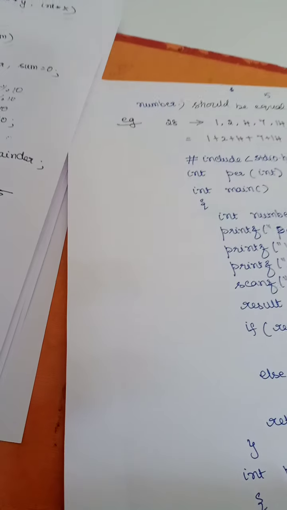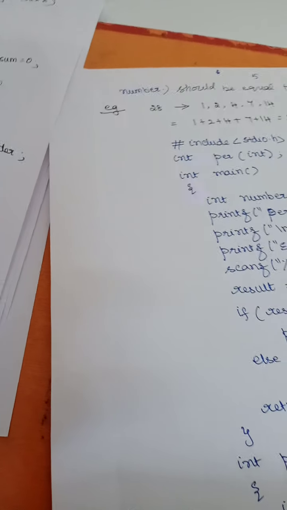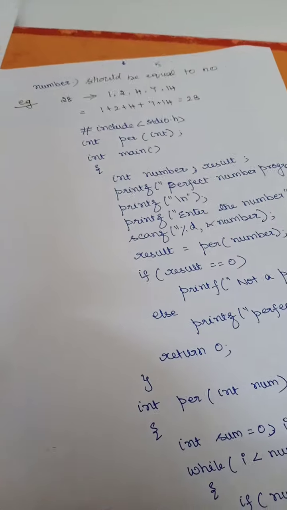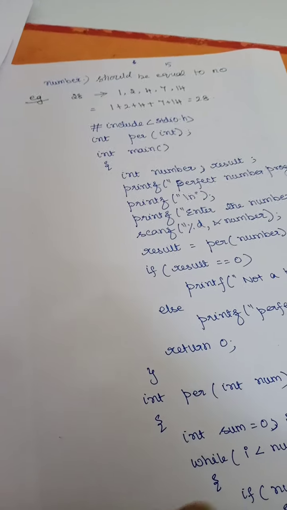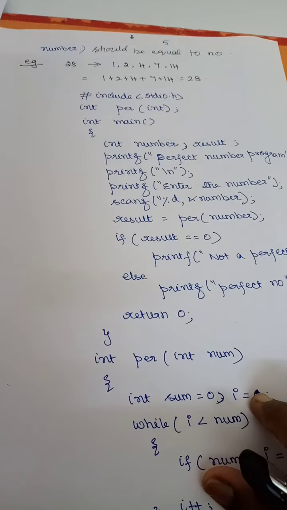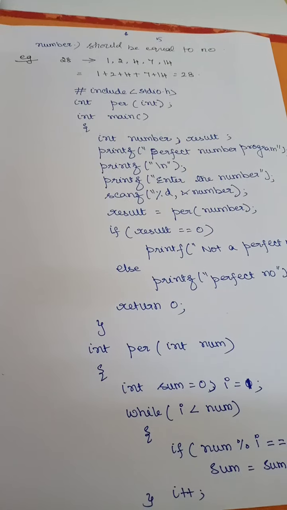Then you call that your perfect number, right? So it should be a positive number and the sum of the divisors excluding that number.